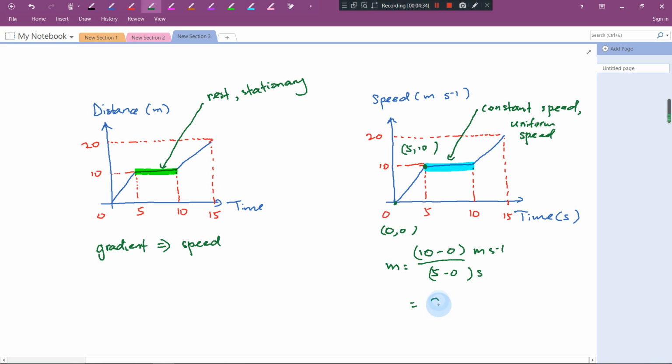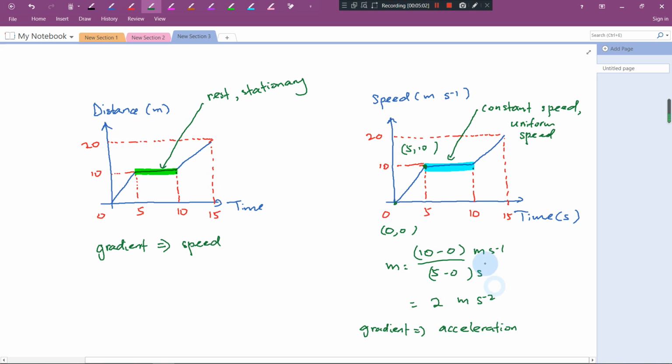When you divide, you take 10 divided by 5, you actually get this unit. So this is actually the acceleration of the particle. So remember, if you have a graph speed against time, the gradient, I write over here, gradient represents the acceleration.